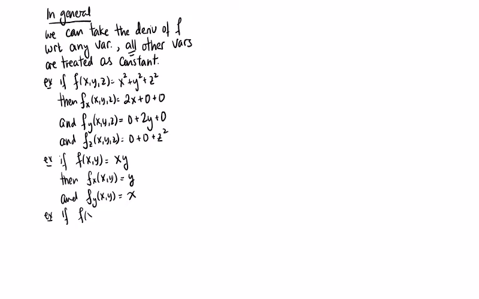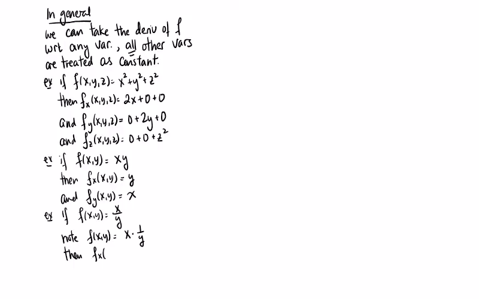I'll do one more and then we'll see the other notation. Suppose we had, say, x over y. Now, in this case, you could do a quotient rule here, but you can also think about this as x times 1 over y.